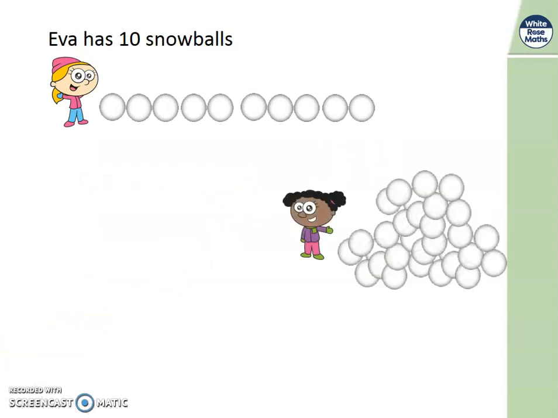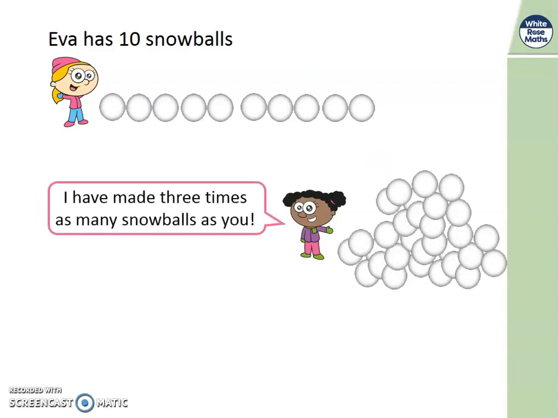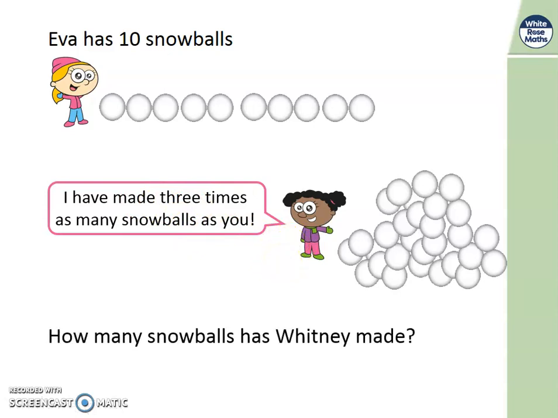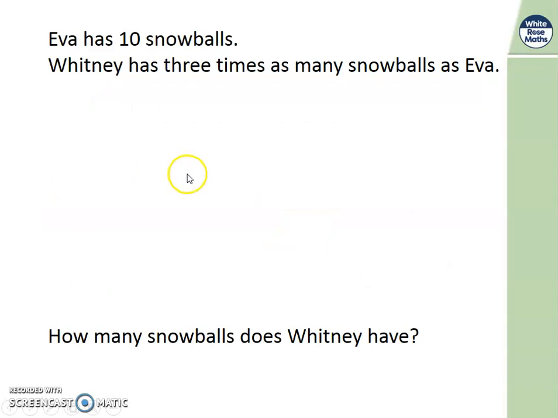Here's Whitney. Wow, Whitney, you've been busy. You've got a lot of snowballs. Whitney says, I have made 3 times as many snowballs as you. 3 times. So how many snowballs has Whitney made? Have a think. So, if Eva has 10 snowballs, I'm going to use a bar model to help me draw it out. Here's Eva, and I'm drawing a bar.